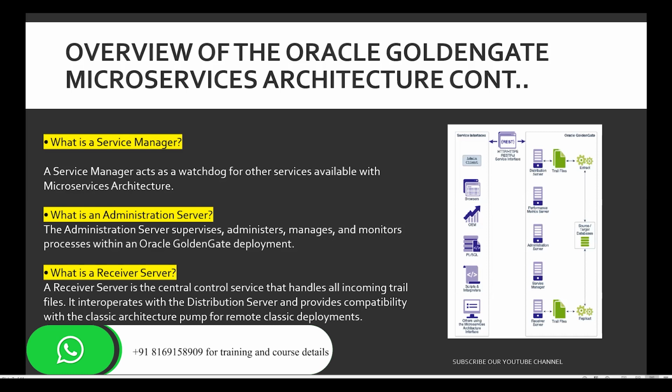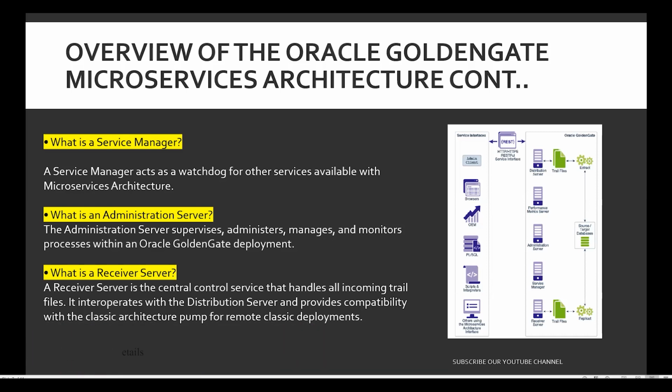Moving to the next part, what is the administration server? The administration server is like a superior, or you can say an administrator, which administers, manages, and monitors the processes within the Oracle GoldenGate deployment.